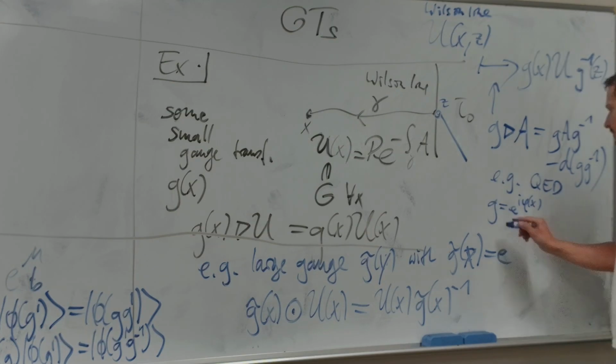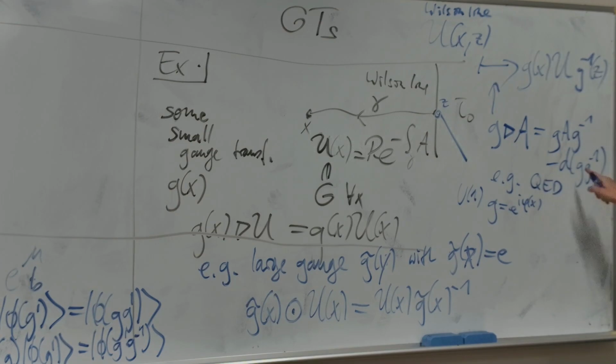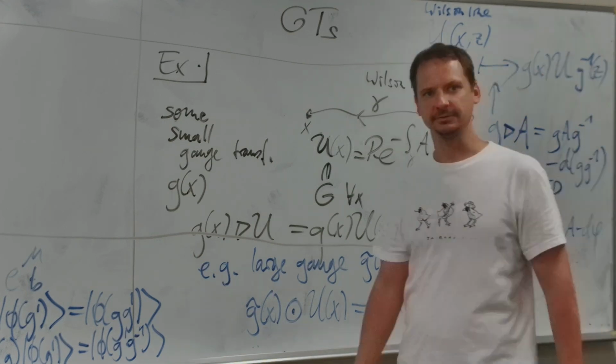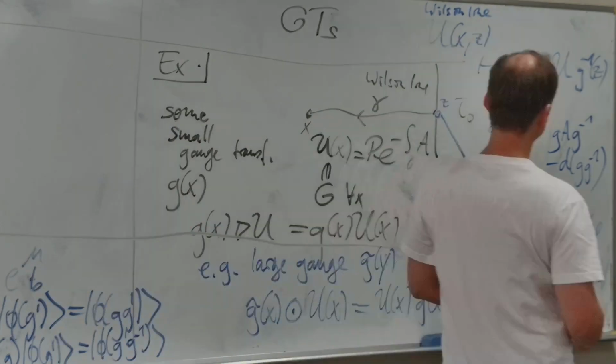U1 in QED. Then this part obviously cancels here, right? So there you would have A is just left invariant, and here you can convince yourself that it will vanish.